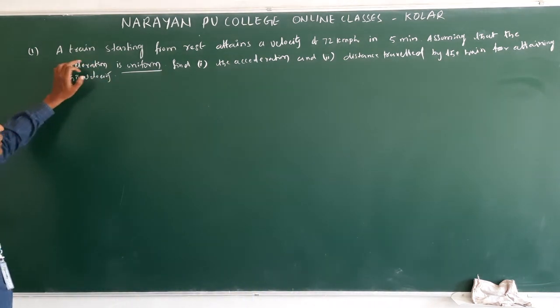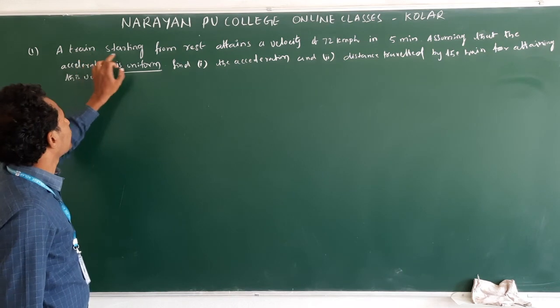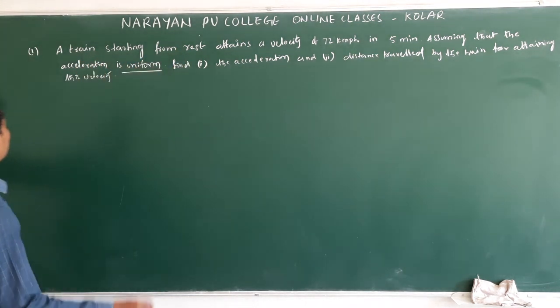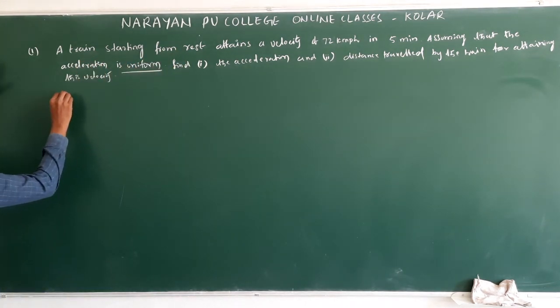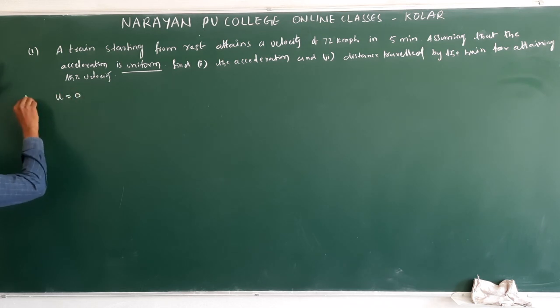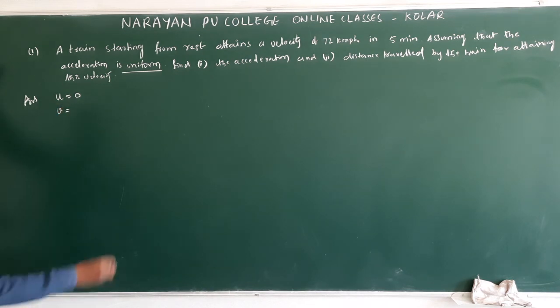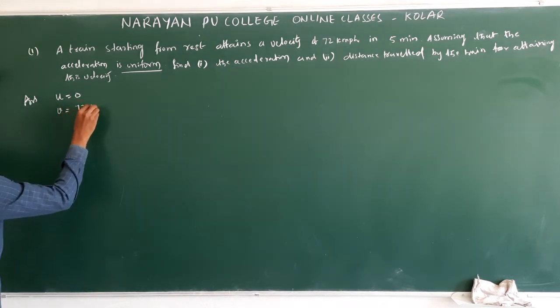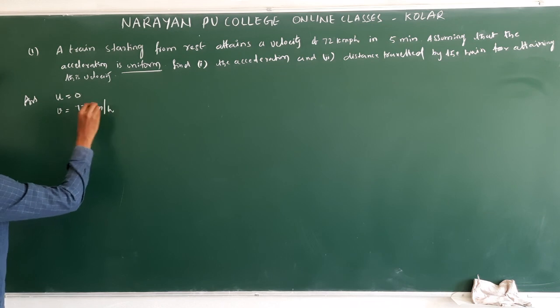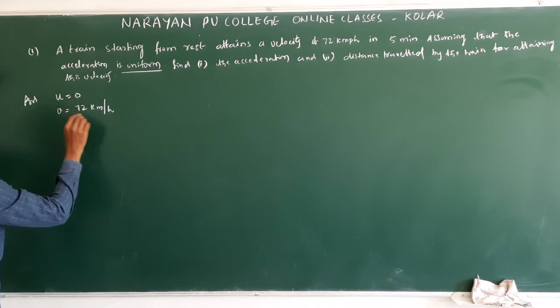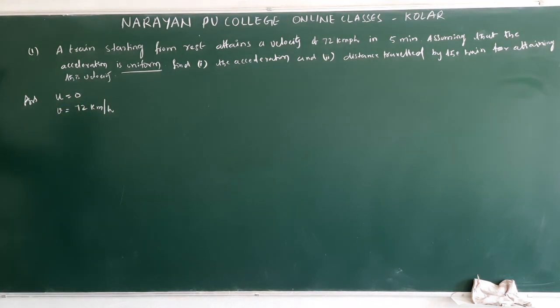So according to the information, starts from rest means initial velocity u is equal to 0. Clear? Final velocity v is equal to 72 kilometer per hour. So how do we convert this into meter per second?